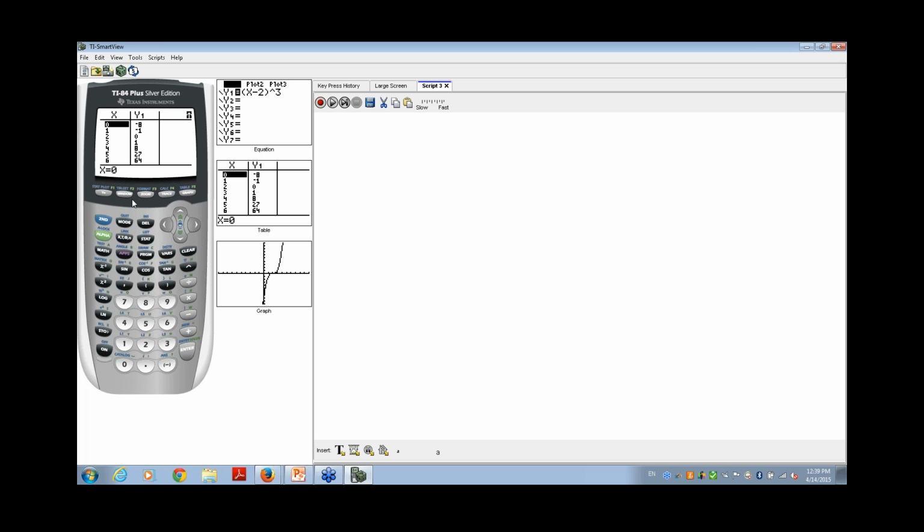Give me just a second to take them off. Okay, this should be clear now. I'll go back to second graph. Now I don't have anything, and then I can punch in some numbers. I think I had 0. When x is 0, my y is negative 8.